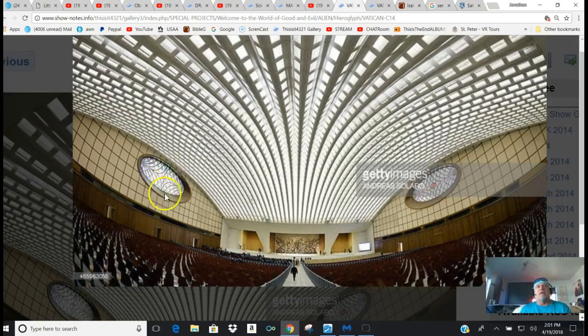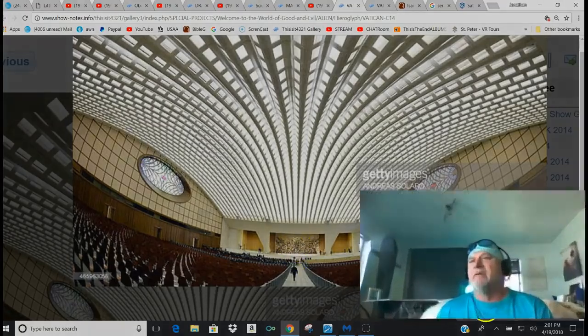So anyway, here is the eye right here of the serpent, and just look at the work that's done on the glass. Here is another eye, obviously, and then here is the open mouth of a serpent, and here are the fangs. Here's a fang right here, and here's a fang right here, and the Pope sits right there in the middle. Okay, so is it arguable that the Pope sits in the mouth of a serpent?